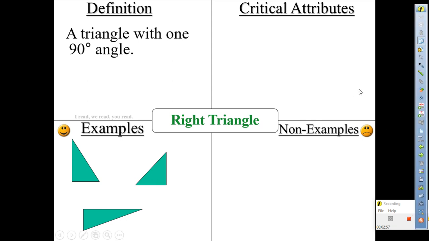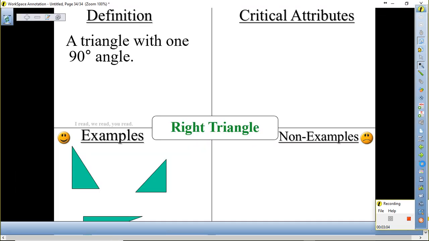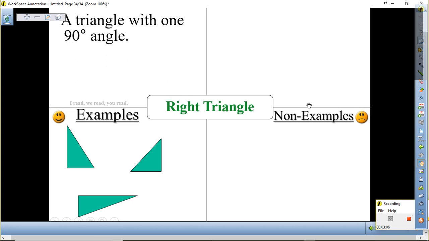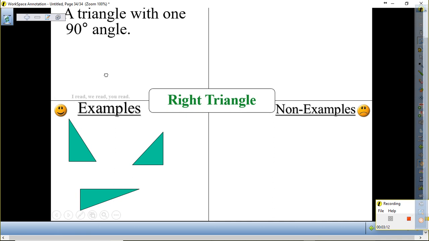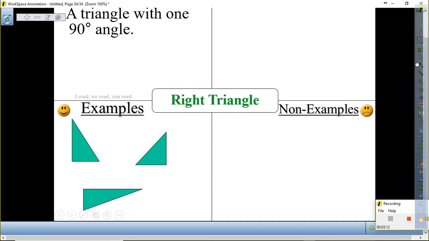Now, as you're copying those, first of all, according to the definition, it says a triangle with one 90-degree angle. Well, let me identify the 90-degree angles in these triangles that you just drew. I'm going to use red. Look up. Whenever you see a sharp corner like this, we draw a little square right here. That's going to be our 90-degree angle. This one has it right there, and this one has it right there. Those are 90-degree angles.